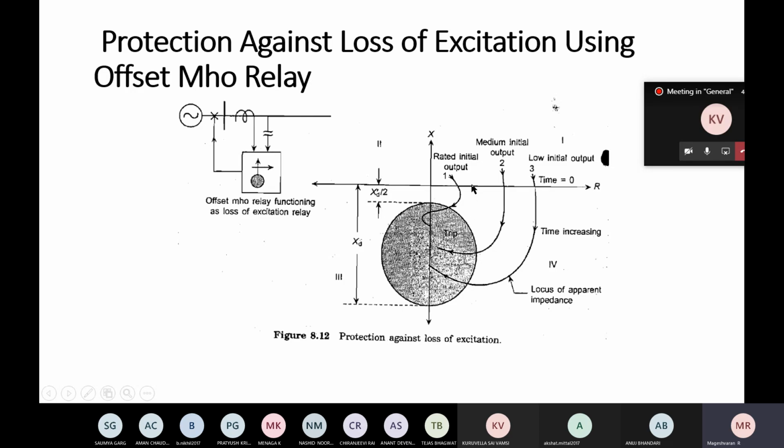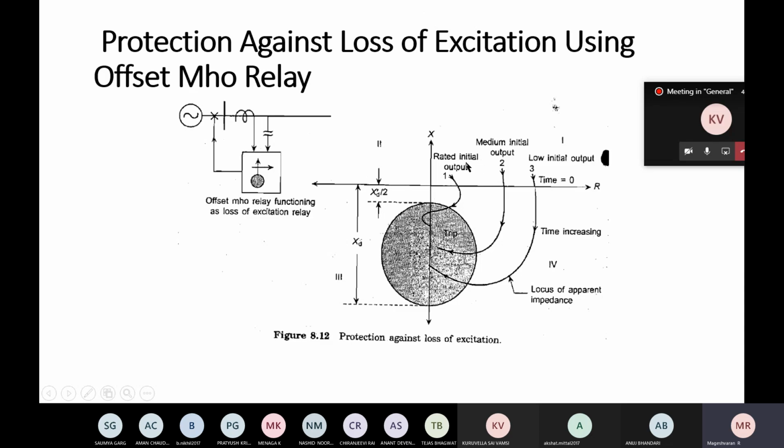And you can see how the reactance value, without any abnormal condition and during the abnormal condition, travels inside the trip region. That is what is shown by the three curves. No need to be confused. It shows the rated initial output, medium initial output, and low initial output.